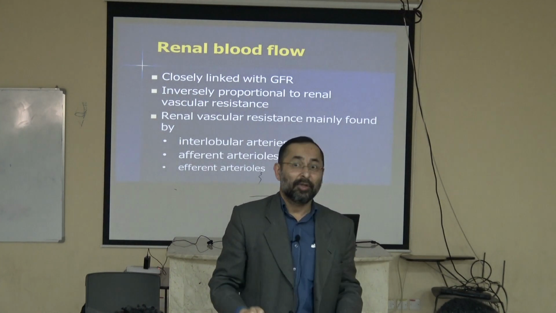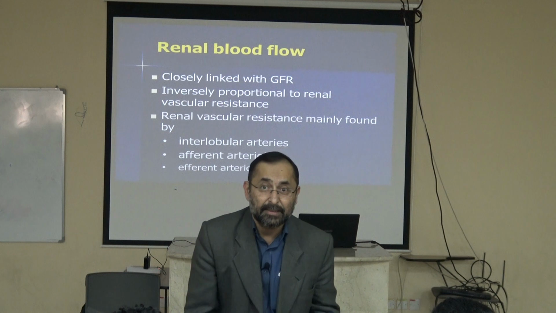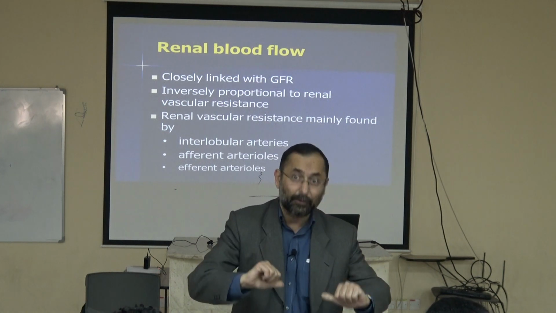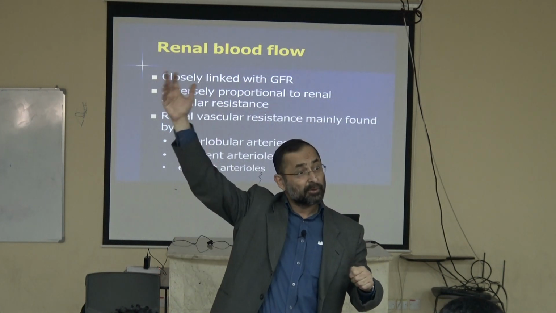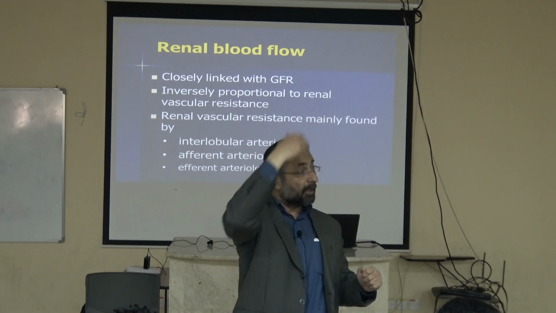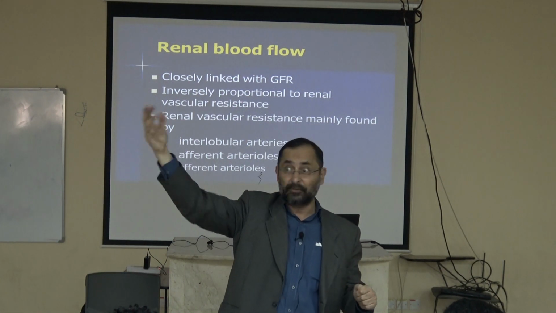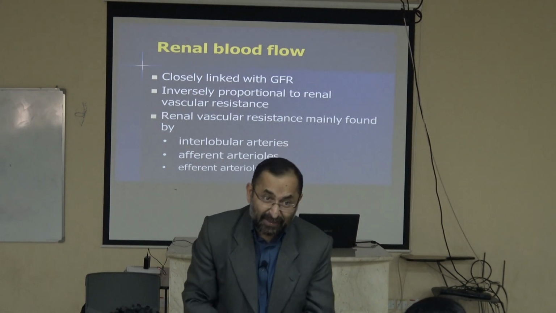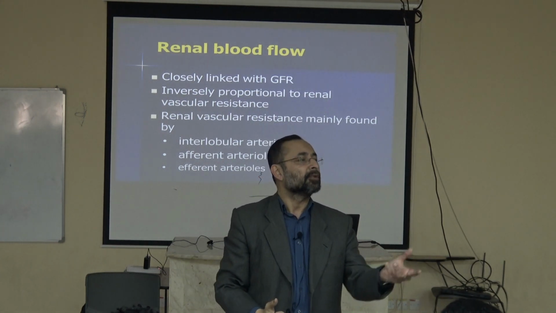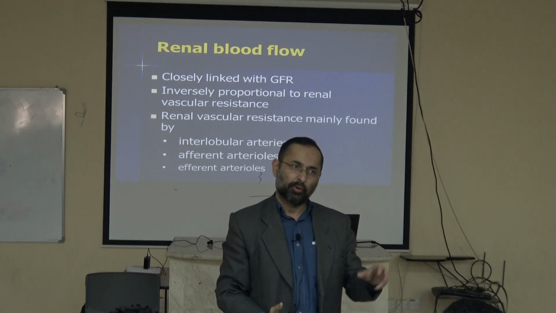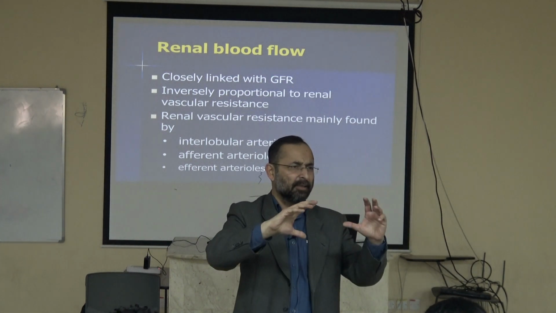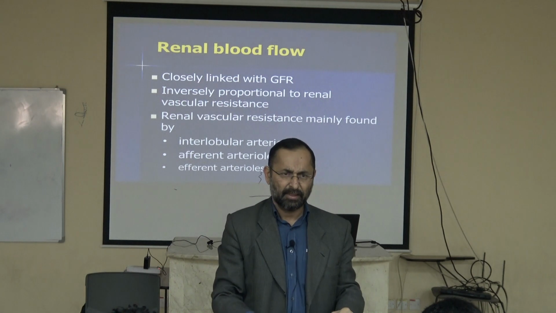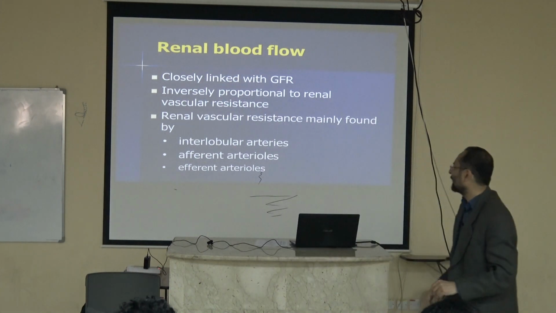So renal blood flow is auto-regulated. Auto-regulation means self-regulation. You don't need hormones from outside, you don't need nerves from outside, you don't need special things from outside. Kidneys have their own mechanisms, their own devices, their own tools to control their renal blood flow. To some extent, they can easily monitor, they can easily adjust. And we'll talk about those mechanisms.